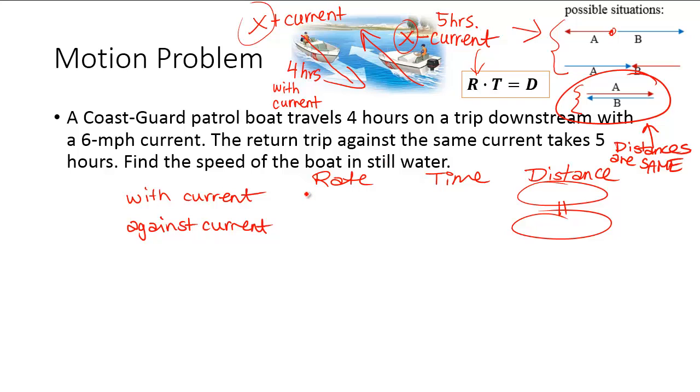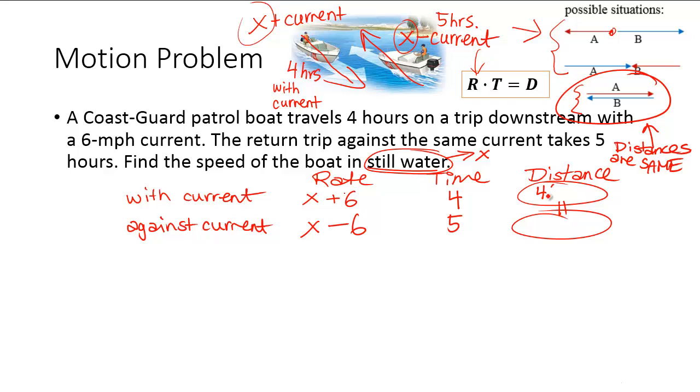So with the current, x is the rate of the boat in still water, plus the current speed, which we know is 6 miles per hour. Against the current, you have the predominant speed of the boat in still water, so this is x minus the current. We know one travels 4 hours, one travels 5 hours.